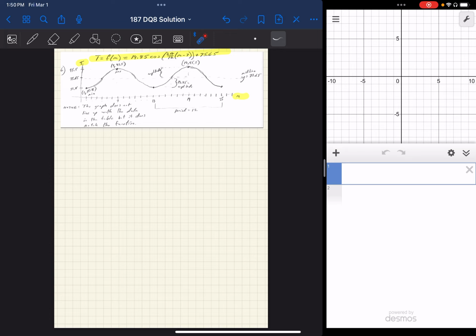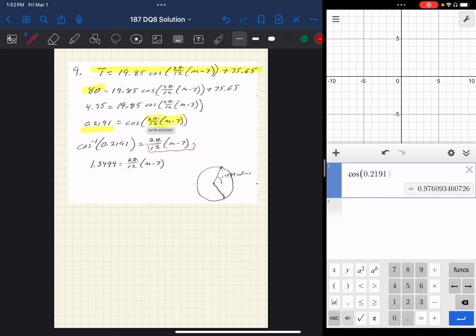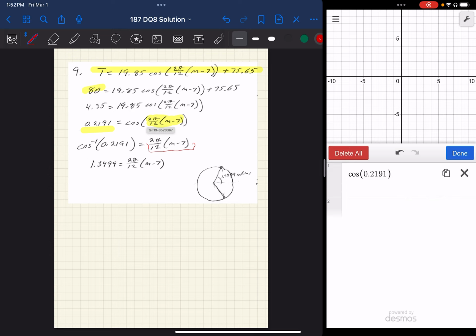So I type that into my calculator here. I usually go to this, type cosine, and go back over here, parenthesis, 0.2191, and oh, wow, I'm not getting the value that I thought I would get. Let me make sure that I am in radian mode.